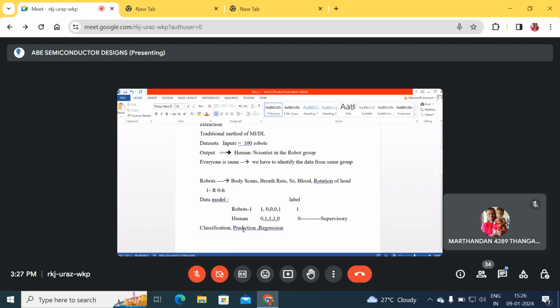Prediction is not here because it predicts based on the gathered data. It predicts what is going to happen. That is weather forecasting and everything that has been designed, right?